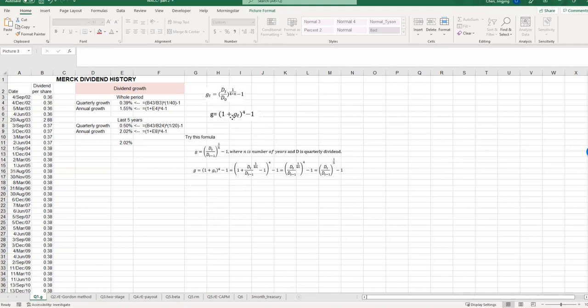That's why when I'm using this formula directly, it will give me the same answer as this one. So I'm basically calculating this number in just one step, while for this, I have to calculate the quarterly growth rate first.